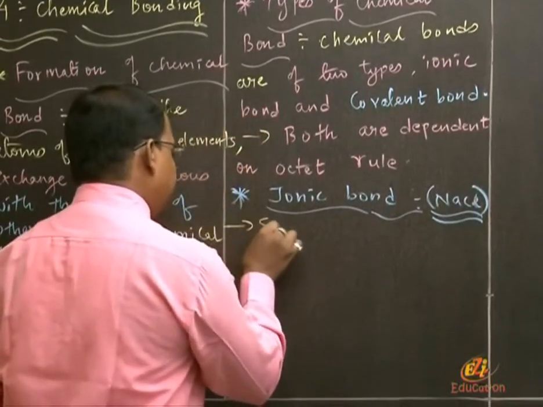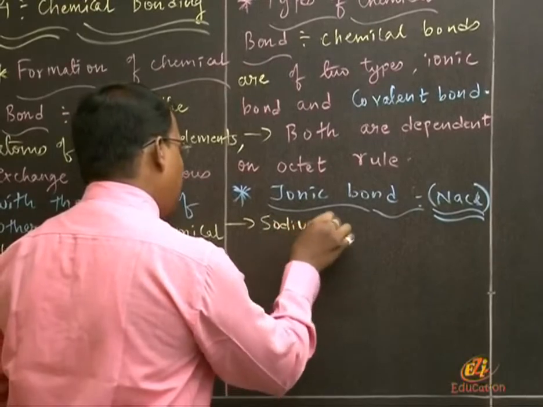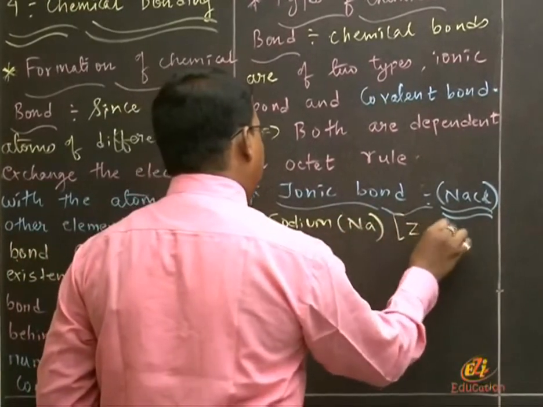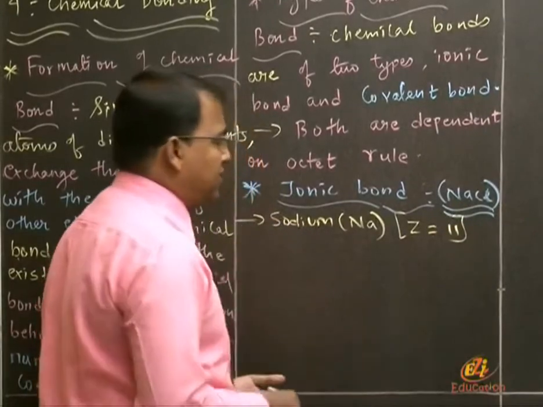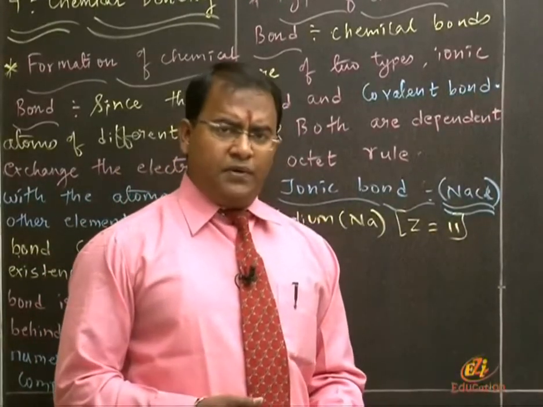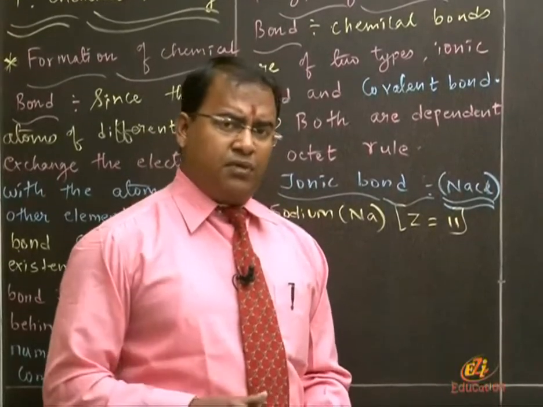Sodium, Na, its Z is equal to 11, which means atomic number is equal to 11. You know, if you take out the periodic table, you will find sodium having atomic number 11.